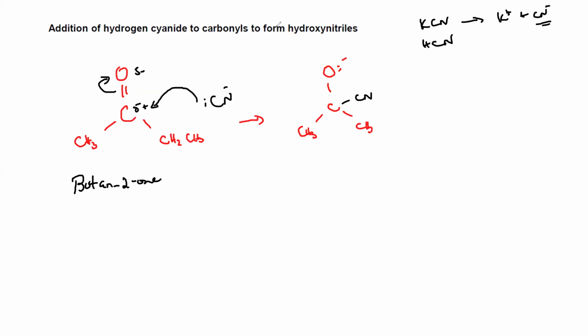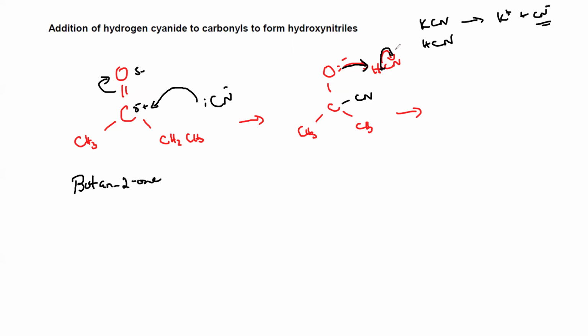Now, the HCN molecule, the hydrogen cyanide: the CN will take both of these electrons which are involved in the bonding, and the oxygen will try to form a bond with hydrogen. So oxygen will use these electrons, form a bond with hydrogen.